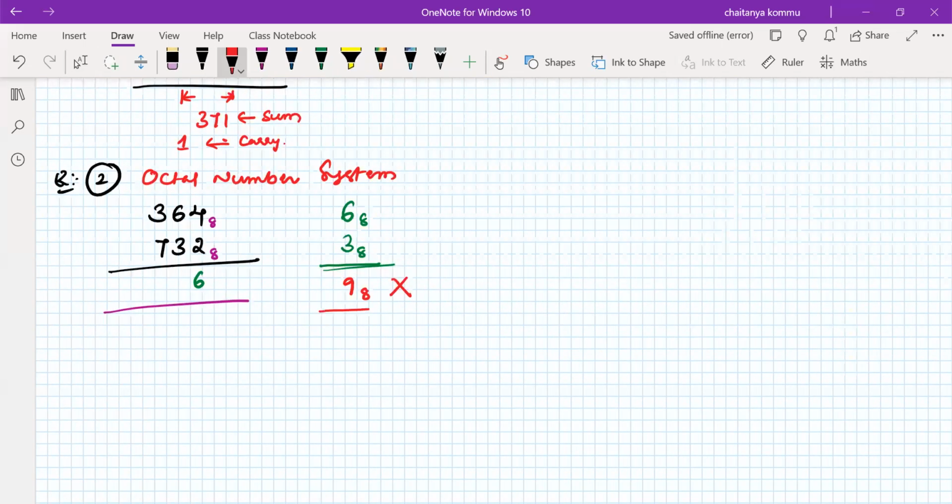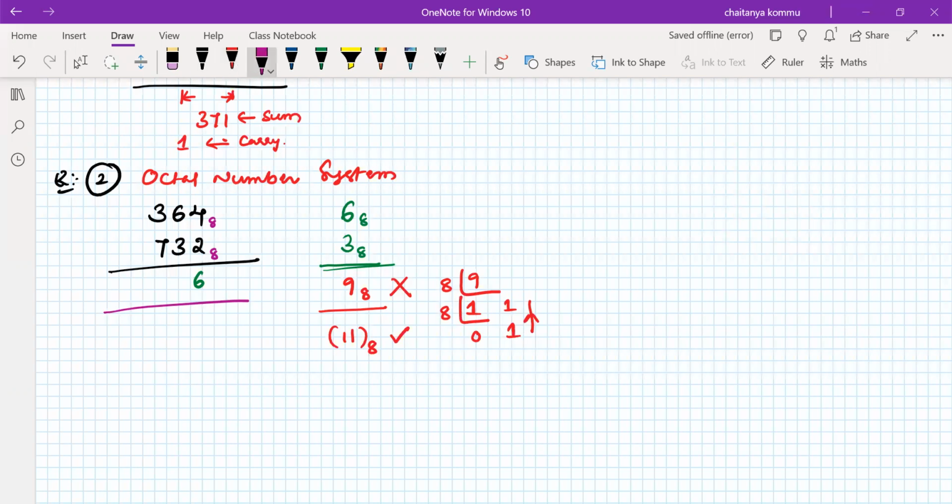We have to convert this 9 into the octal number system. 8 ones are 8, zeros 0, and 1 will be there. So this value is 11 base 8. This is the right answer. If you add 6 and 3, we will find 11 in the octal number system. It's not 9. Please remember.